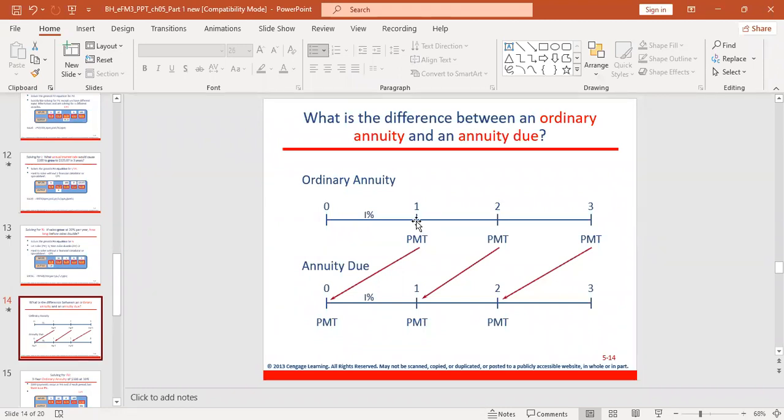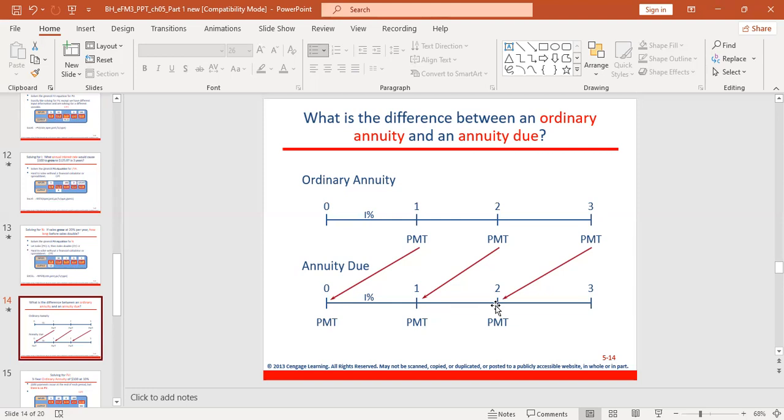You can see PMT at the end of year 1, PMT at the end of year 2, PMT at the end of year 3. Now in the annuity due, look at the difference. PMT starts at the beginning of the year. PMT in year 1 starts at time 0, PMT in year 2 starts at year 1, PMT in year 3 starts at year 2.